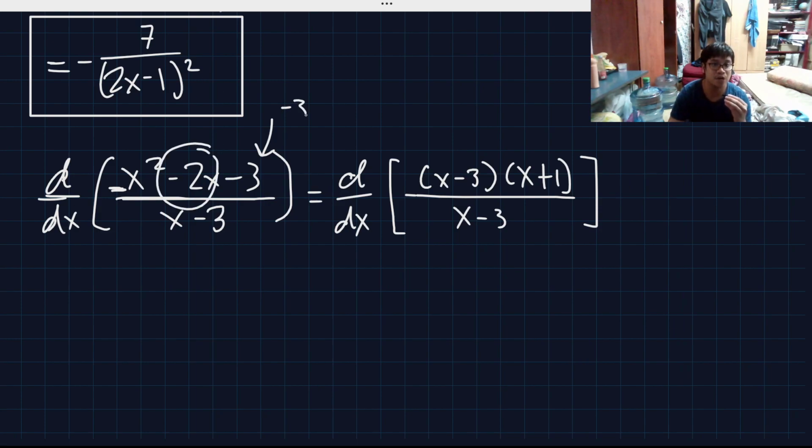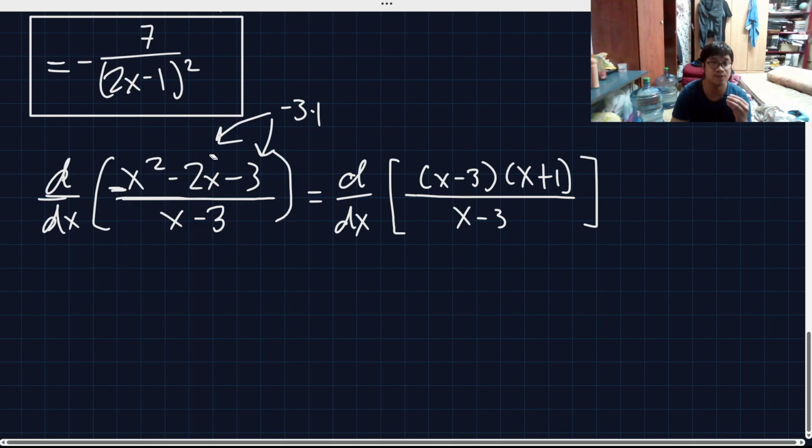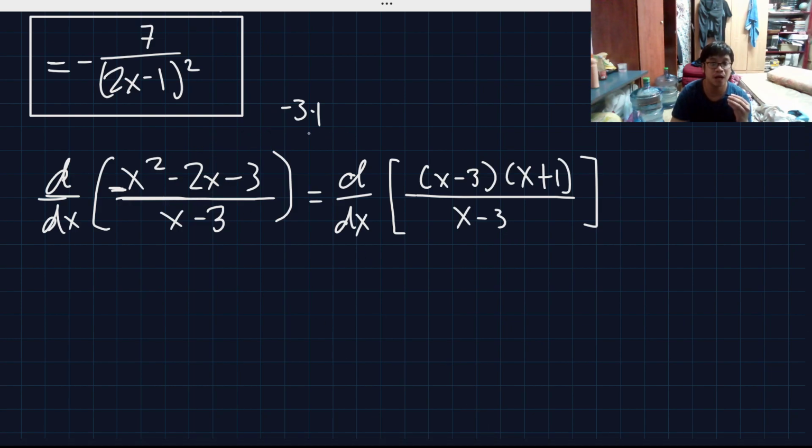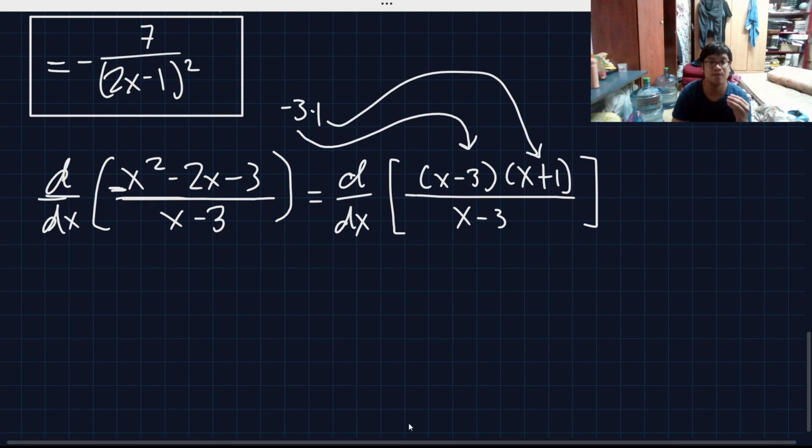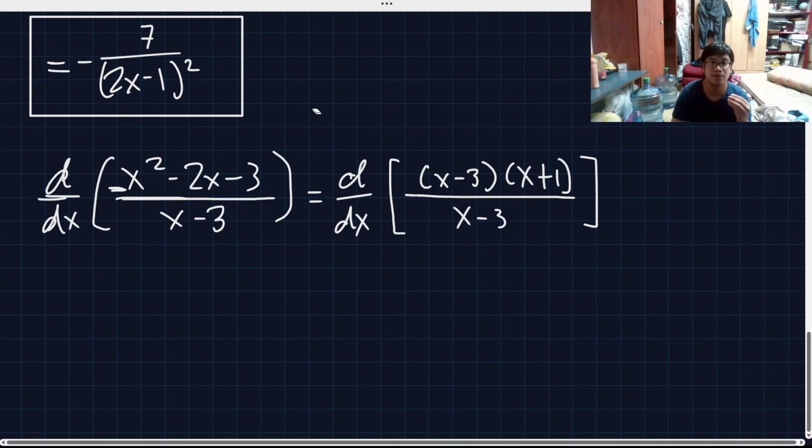So I think of negative 3 times 1. Negative 3 times 1 is negative 3. Now, negative 3 plus 1 is negative 2. So, since it's just the same as negative 2x, therefore, our factored form would be x negative 3 and x positive 1. All right, so that's how I factored it.